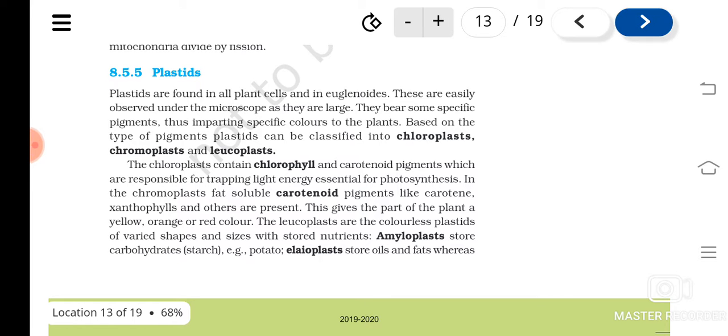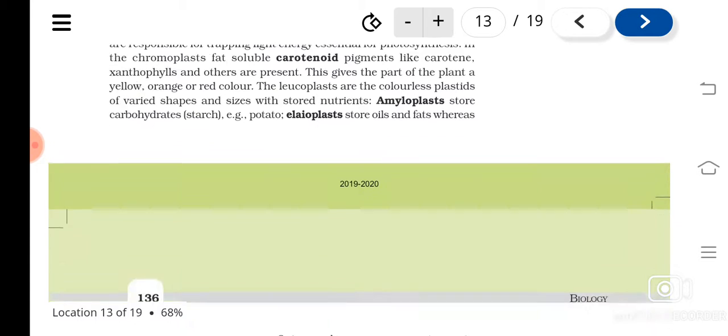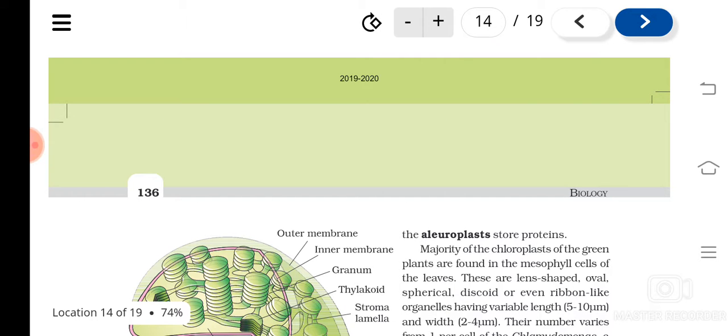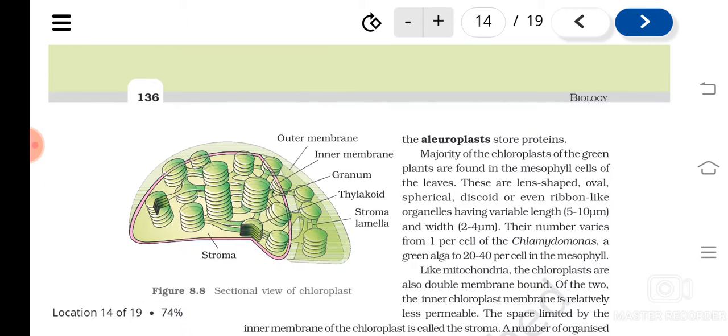They do not have pigments, but they store food materials. On the basis of what kind of food material they store, they are of different types. For example, amyloplasts bear carbohydrates or starch, like in potato. Then elaioplasts store oils and fats. Aleuroplasts store proteins.